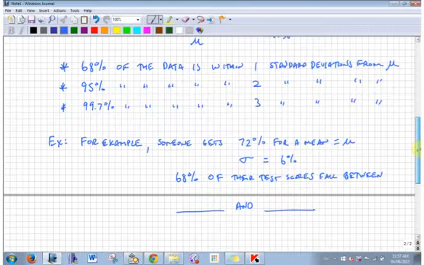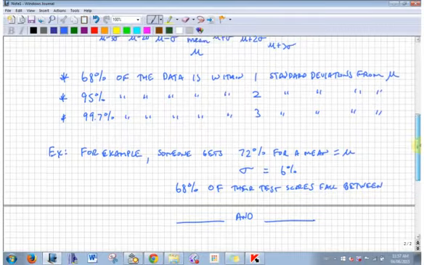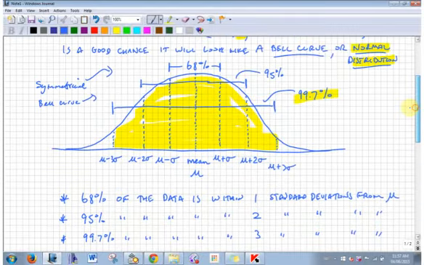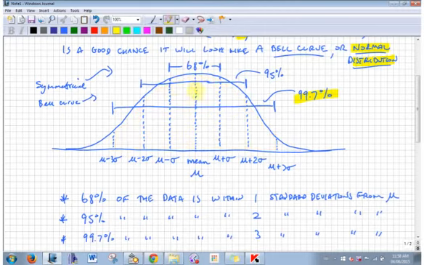So 68% of all the data falls within 1 standard deviation.